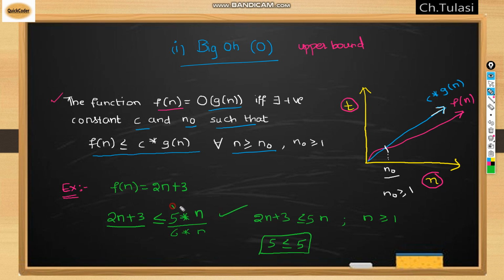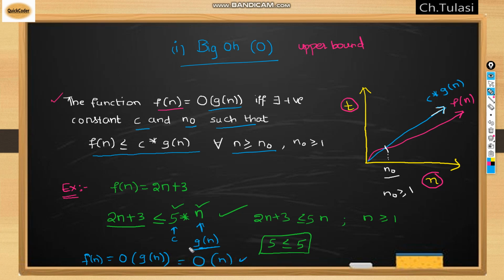So our c is 5 and g of n is n. We got the big O notation for this: f of n is equal to big O of g of n, and as we calculated g of n is n, so big O of n.